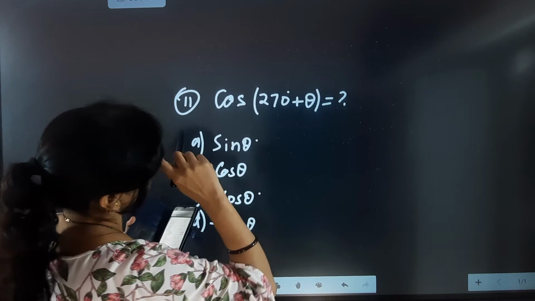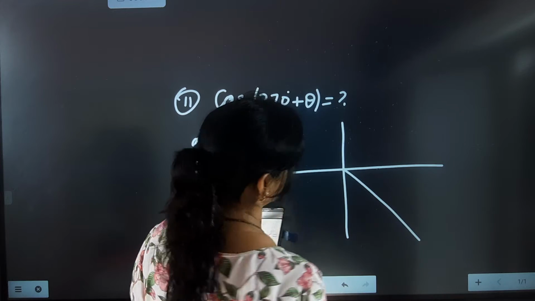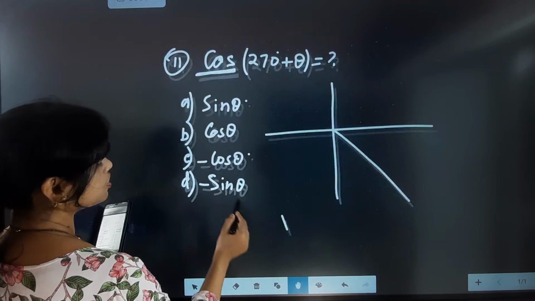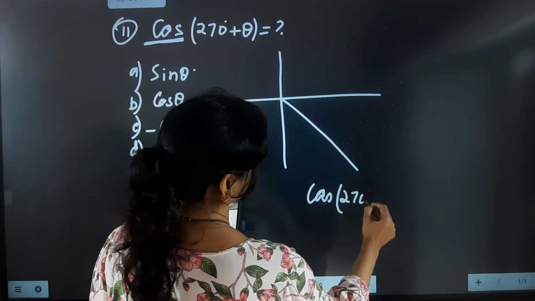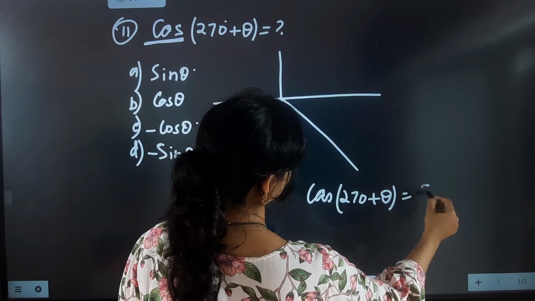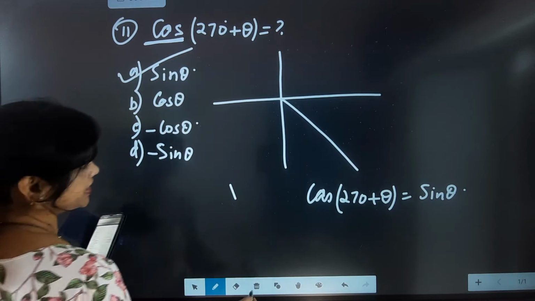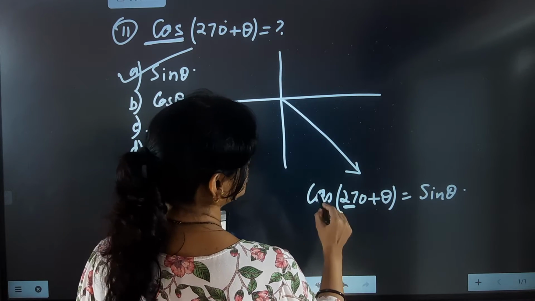Now the first important thing is 270 plus theta. 270 plus theta means it is coming in the fourth quadrant. In the fourth quadrant cos is positive. So cos of 270 plus theta is nothing but sin theta. So A will be the correct answer, because it is in the fourth quadrant and 270 is odd multiple of 90, so cos will get converted into sin.